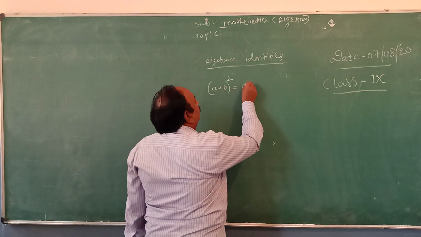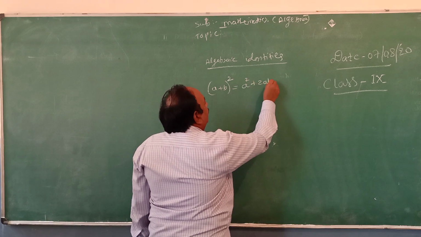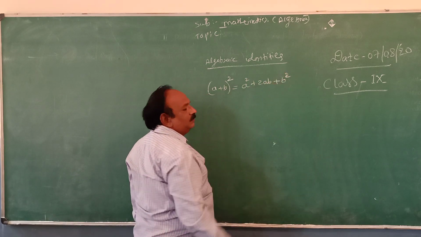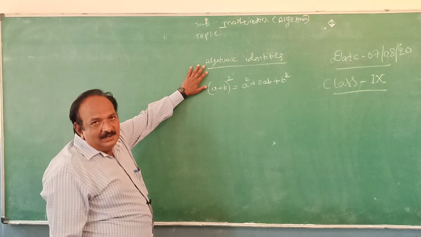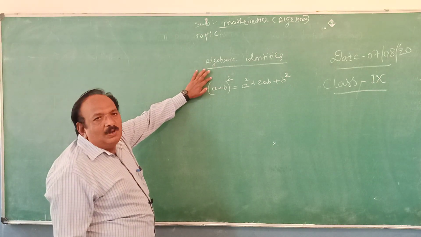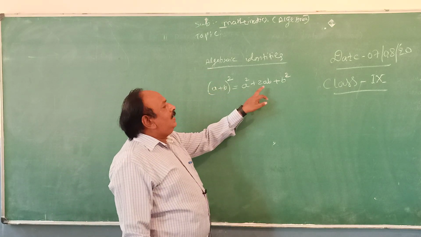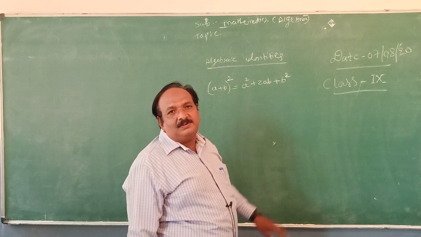A plus b whole square is equal to a square plus 2ab plus b square. You already know this from your earlier standard. The expansion of a plus b whole square is a square plus 2ab plus b square.